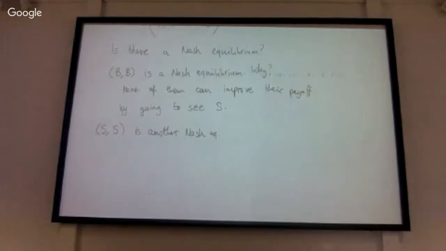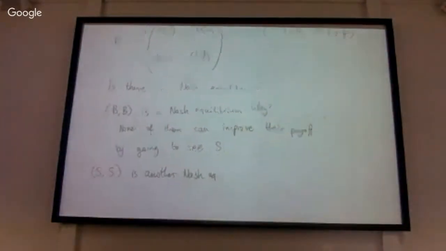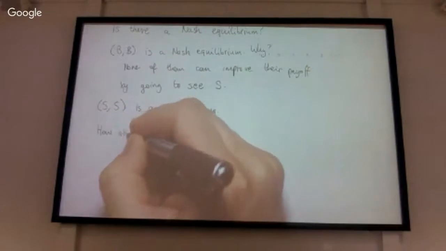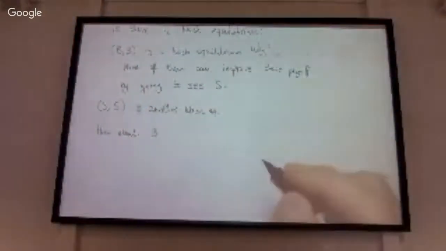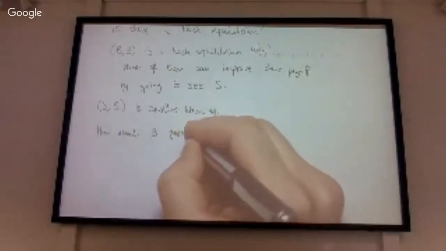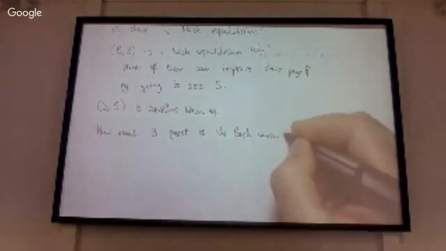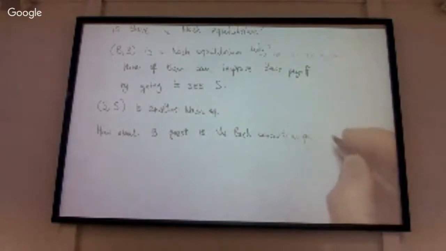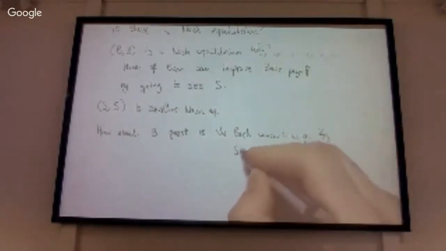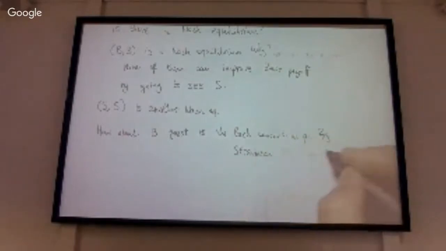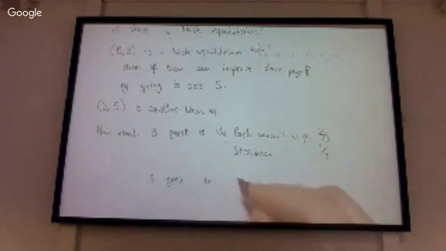So how about this: one player goes to the Bach concert with probability 2/3 and Stravinsky with probability 1/3, and the other friend goes to Bach with probability 1/3 and Stravinsky with probability 2/3.